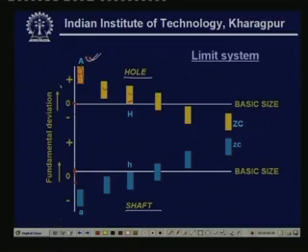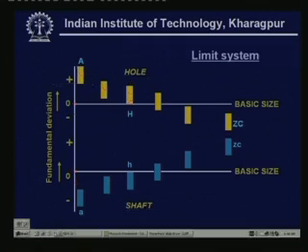The A means that always the deviation from the basic size is this much, whereas the manufacturing tolerance is denoted by this much. Now, this is the manufacturing tolerance and this is what we are considering as the fundamental deviation.